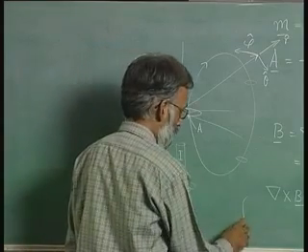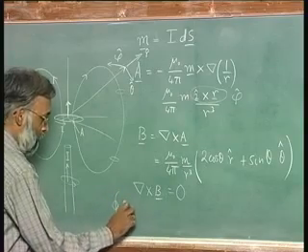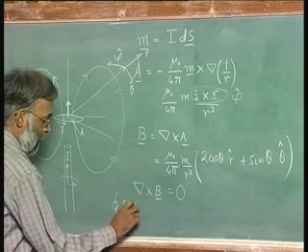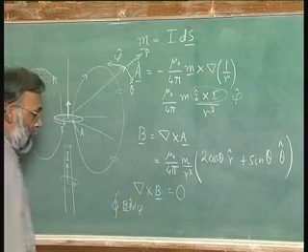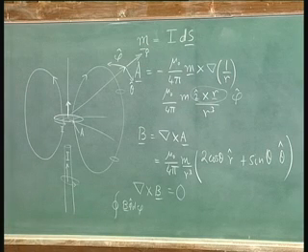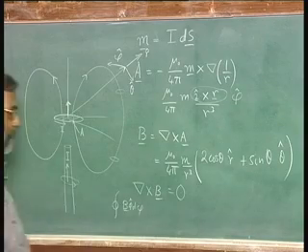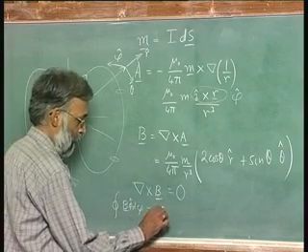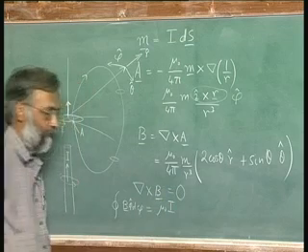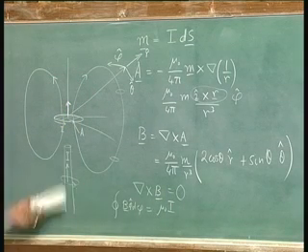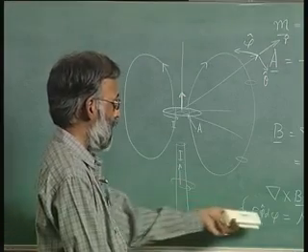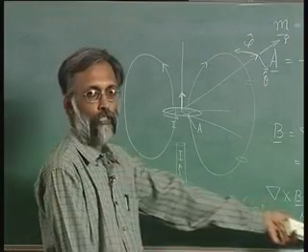So, loop integral B dot phi hat d phi is non-zero, and if you work this out, you find that this is equal to mu naught I. This you can work out directly. It is just application of Biot-Savart law that will give you this result.